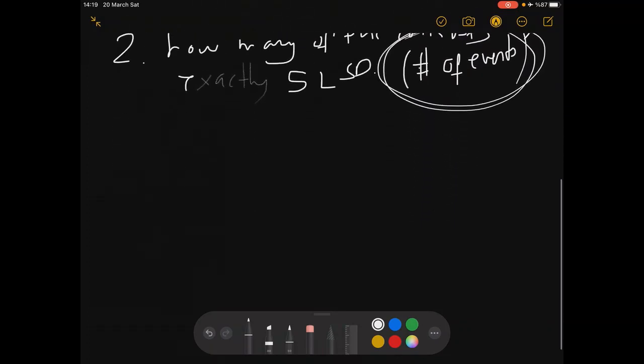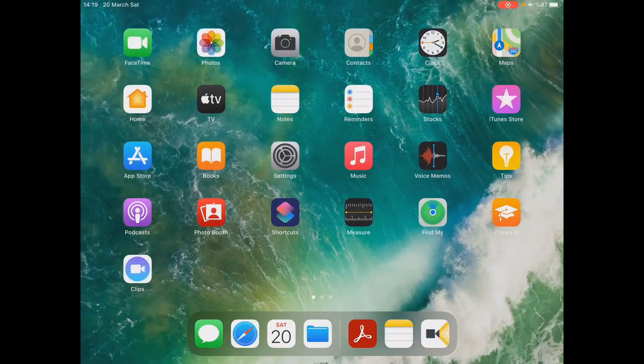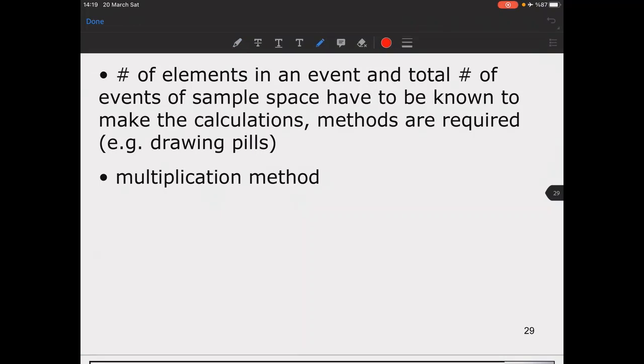Like the first one is called the multiplication method. Okay, this one, the multiplication method, where usually those independent events can be done together here.